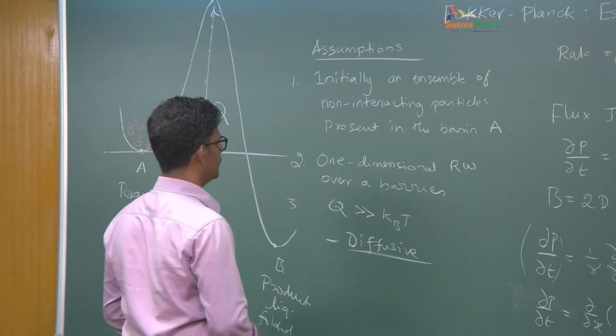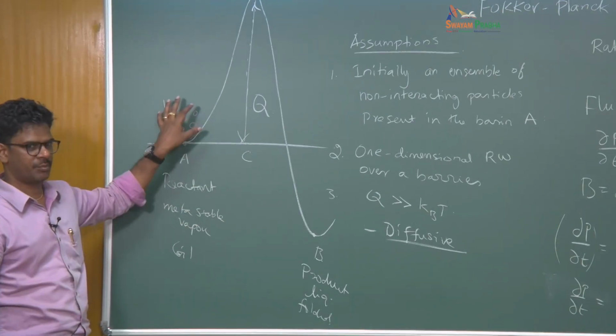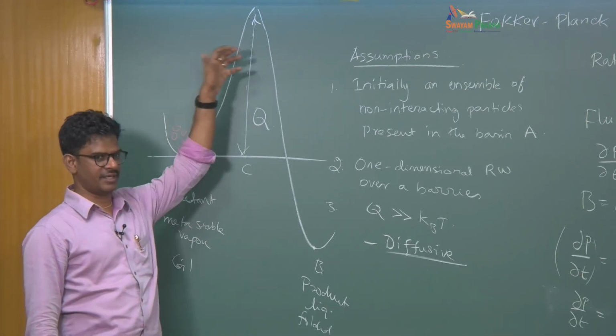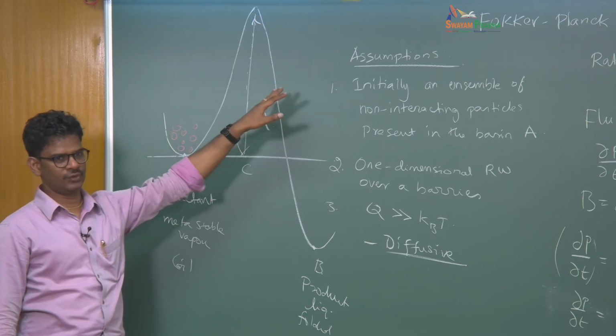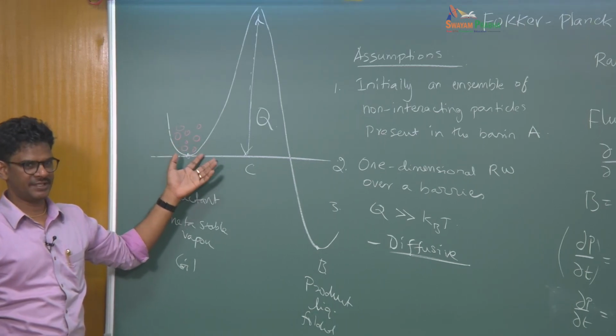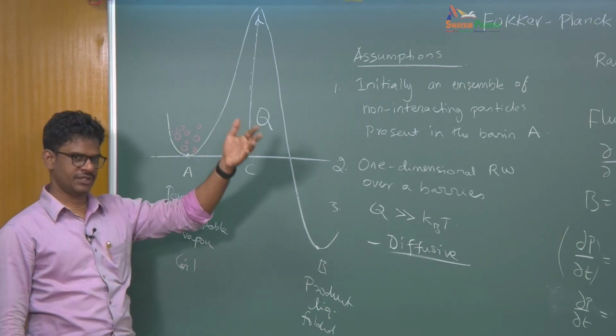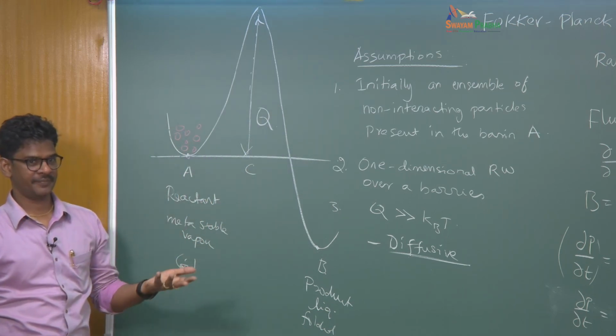So what I'm saying here is that even though initially you start with a certain number of particles and very randomly the particles are diffusing and then they cross, okay, if they do that, you will see that the number of particles in this case gets depleted. Then in the future, the number of particles that will cross this will change with respect to time. Okay.